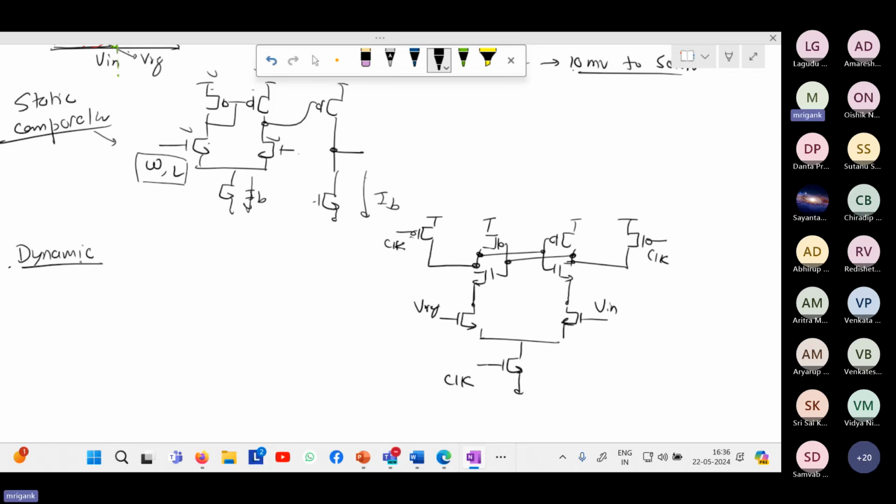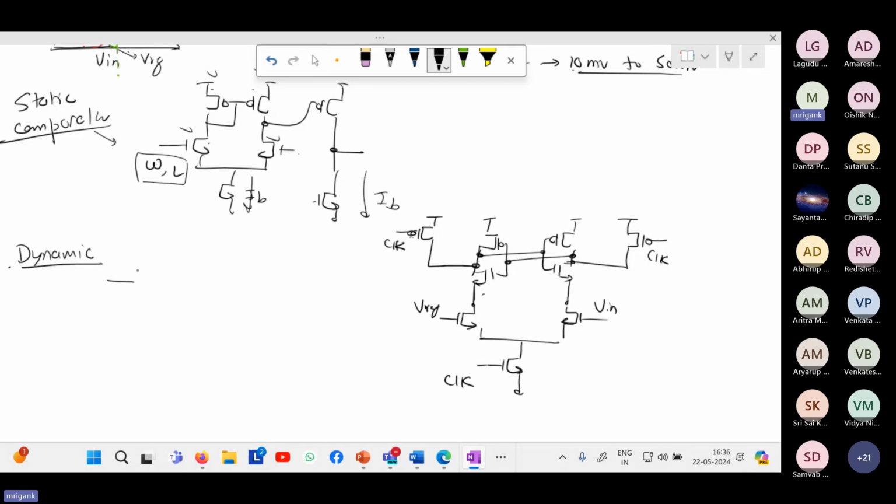So what will be the operation in this circuit? First thing is, when the clock is low, the lower path is cut off and both the outputs are charged to VDD. When the clock is low, these two PMOSs will charge both the nodes to VDD. Lower side, this path is off, so there is no current flowing in the lower path. This is like an open circuit. Therefore, both the outputs will be pre-charged to VDD. That's why it's called the pre-charge phase.